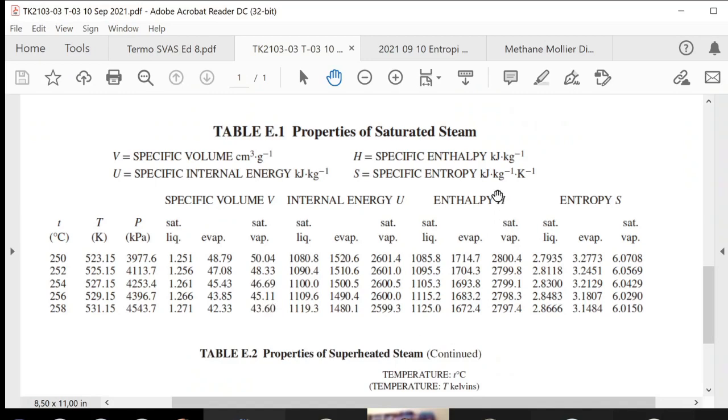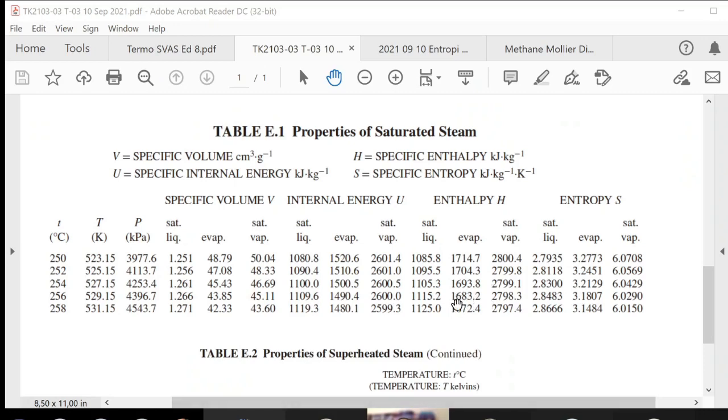Now, how to read the enthalpy? If I have liquid water on the left part of the dome, that is 100% of liquid, what is the enthalpy? The enthalpy is 1115. What is the entropy? The entropy, the enthalpy of the liquid, and this is the enthalpy of the vapor. Okay, what is the delta?